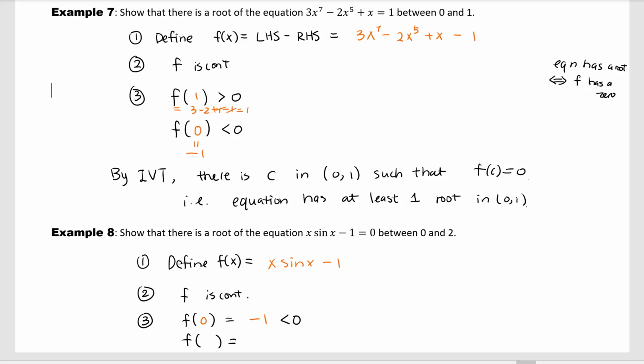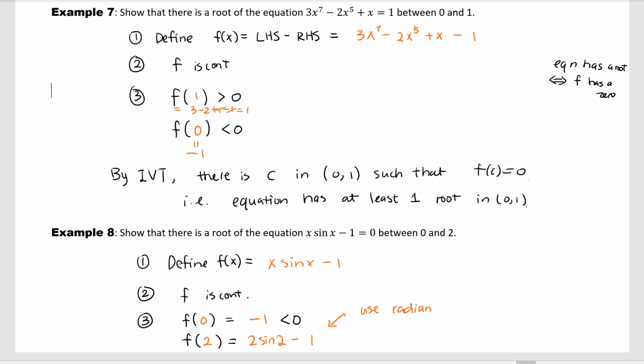Let's continue. So f of 2, we have 2 sine 2 minus 1. Here, be careful. In our course, when you want to calculate trig functions, always use radians. Don't use degrees. So for sine 2, make sure your calculator is in radian mode.